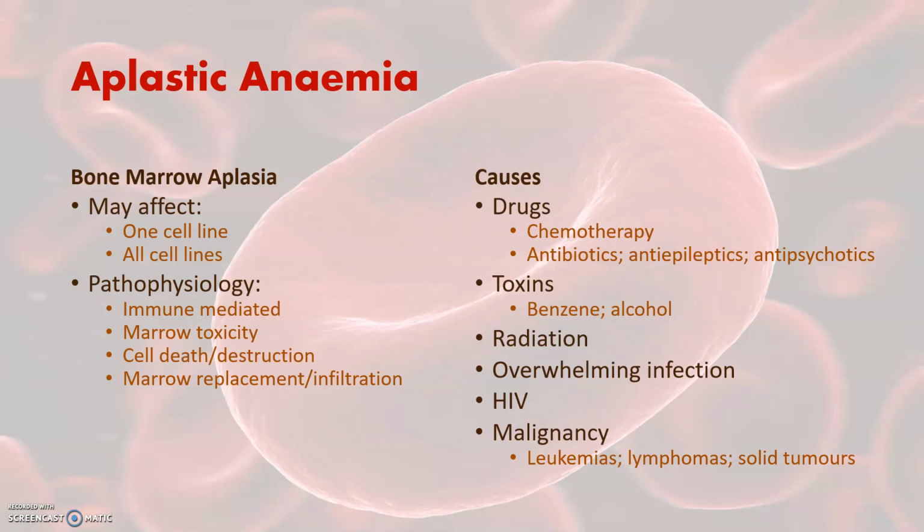The cause of the marrow suppression could be immune mediated, due to marrow toxicity, cell death, or marrow replacement and infiltration. And the common causes are drugs, toxins, radiation, overwhelming infection, HIV, or certain malignancies, both hematological and solid tumors.